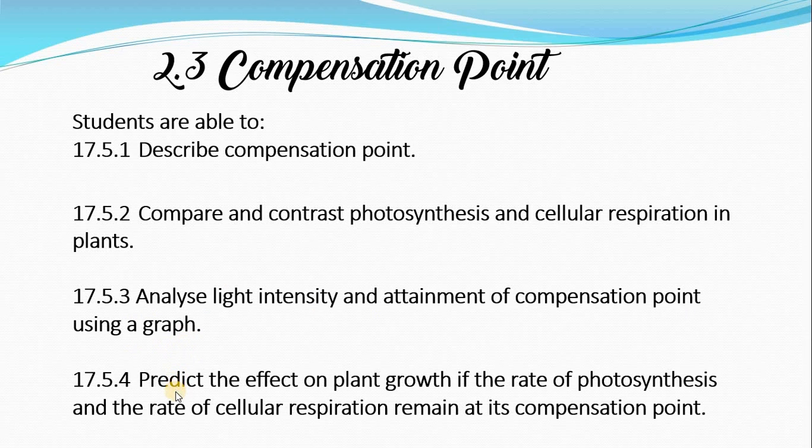Number four, predict the effect on plant growth if the rate of photosynthesis and the rate of cellular respiration remain at its compensation point. Alright, so for today we are going to learn about compensation point.